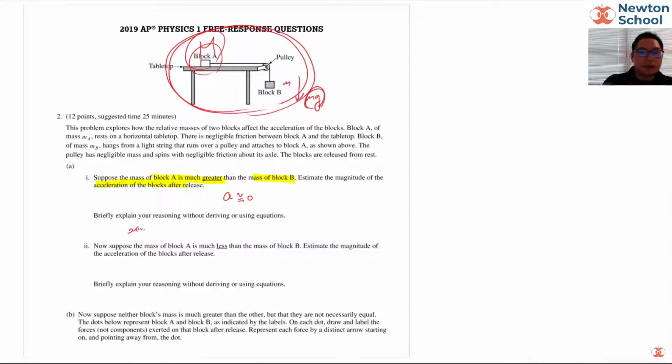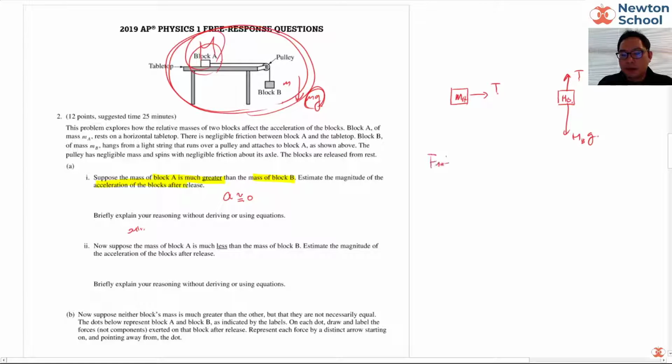Or actually, you can check the system of equations. You have m_A pulled by tension, I'll ignore the y-directional force, and mass B has tension and m_B g.